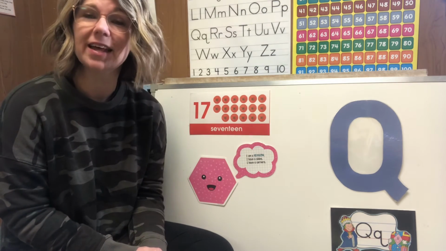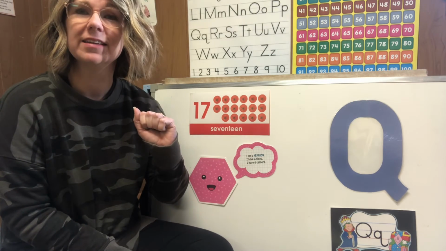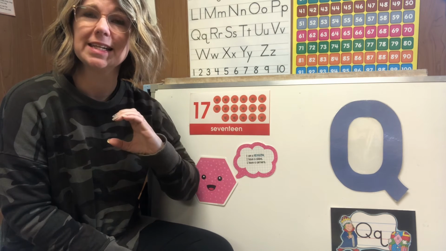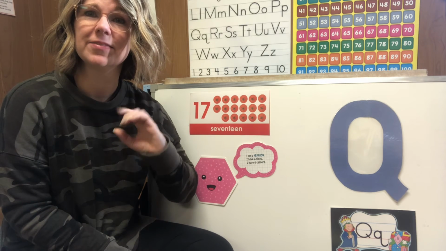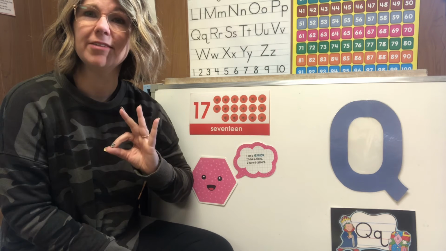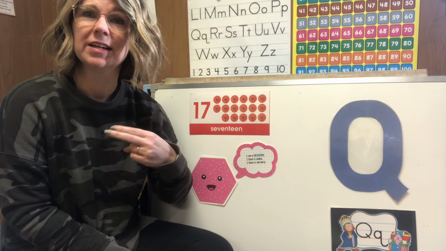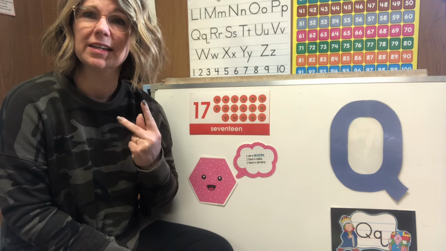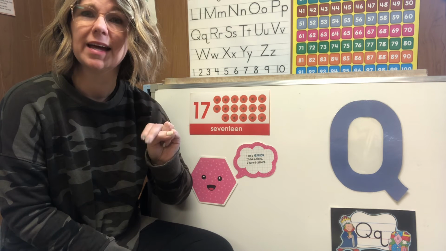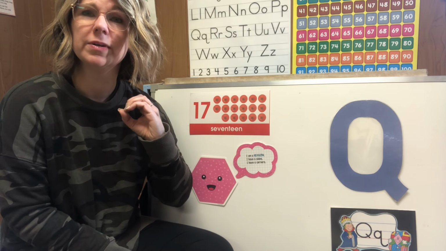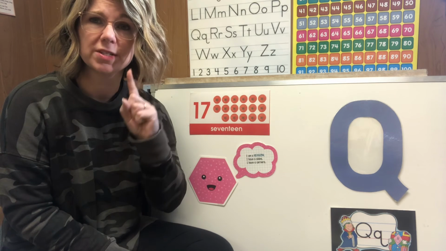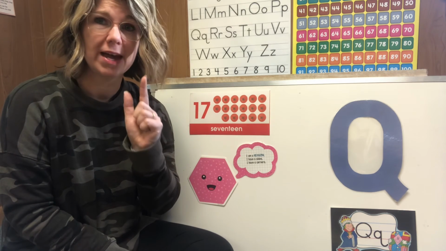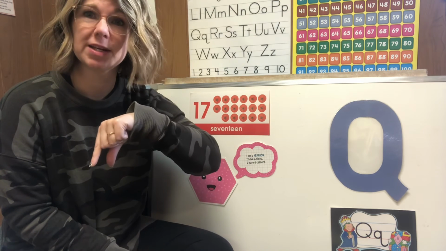Okay, let's do our sign language. A, B, C, D, E, F, G, H, I, J, K, L, M, N, O, P. Now our new letter Q, you're going to stick up your number 1 finger and your thumb, and you're going to flip it upside down.